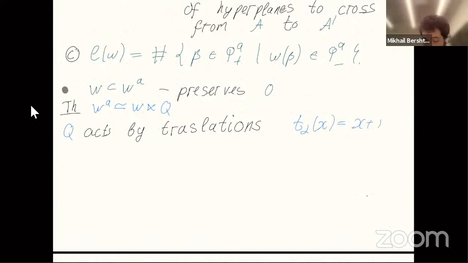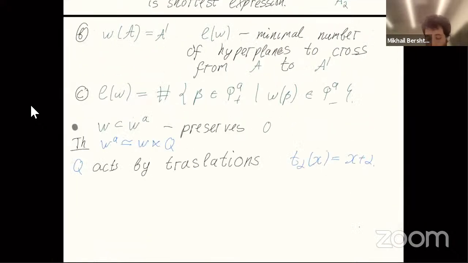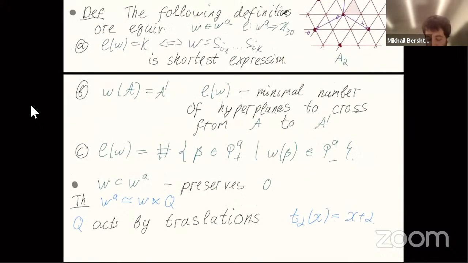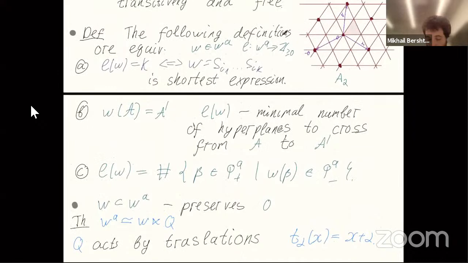I say this theorem is more or less clear. So I tried to explain that the affine Weyl group is a semi-direct product of the finite Weyl group and translations. It remains to study which translations we have in the affine Weyl group. By definition, any reflection shifts our x by some combination of the roots, and therefore any translation should belong to the root lattice.